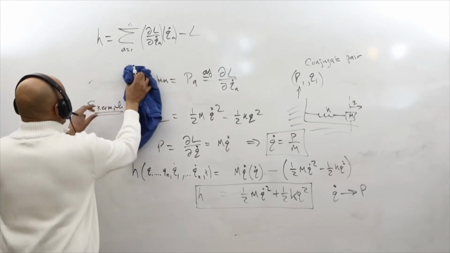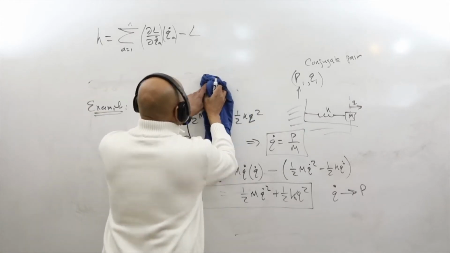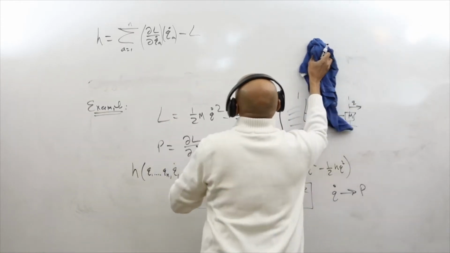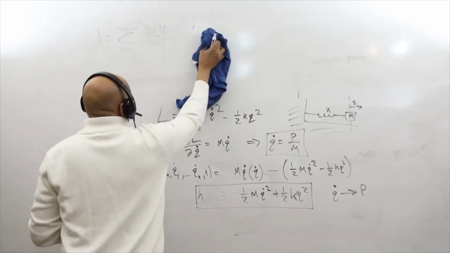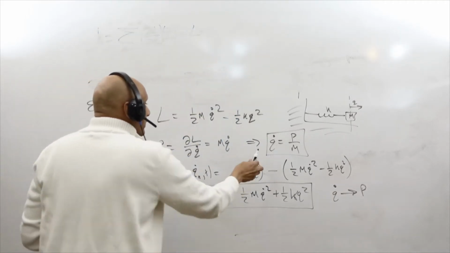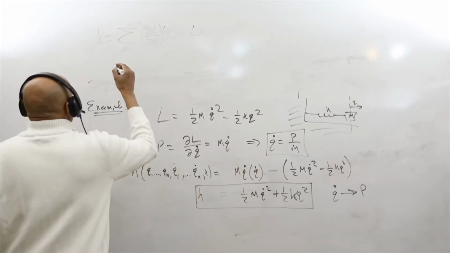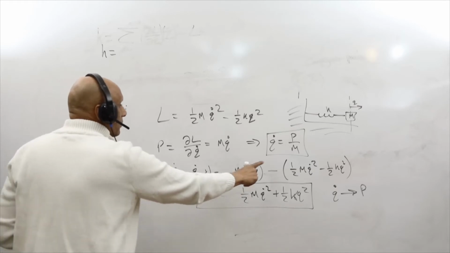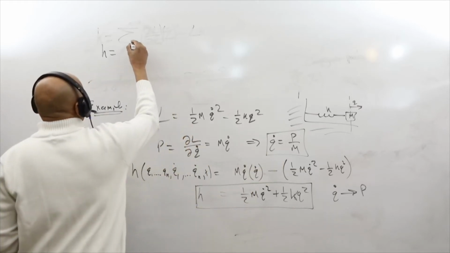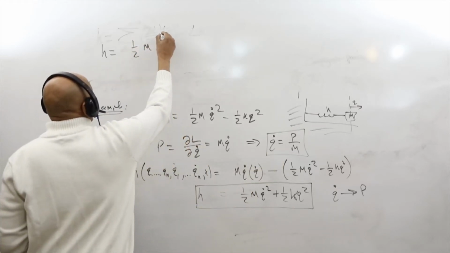We already know what q dot is, p over m, so let's take a look at the h function again. Every time I see a q dot, I'm going to replace it with this equation. So this is now 1/2 m.